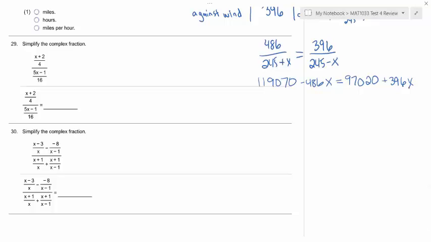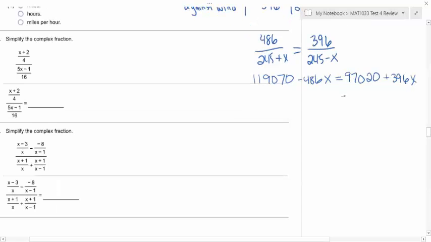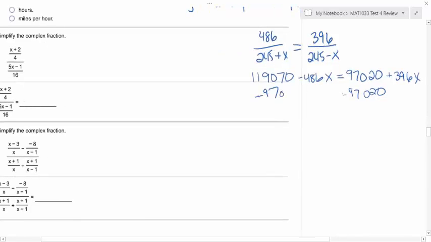I can match you. It doesn't matter which way you do this. I would probably just subtract the 97,020. Okay. That was my first instinct, but it doesn't matter. I didn't want to mess you up if you had done it a different way. What does that give you when you subtract that? 22,050. Good. That I can confirm.